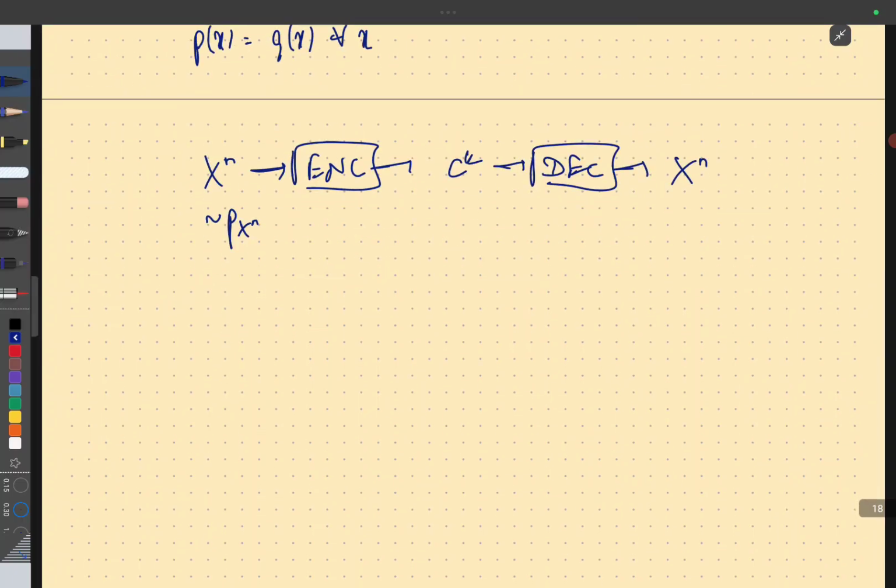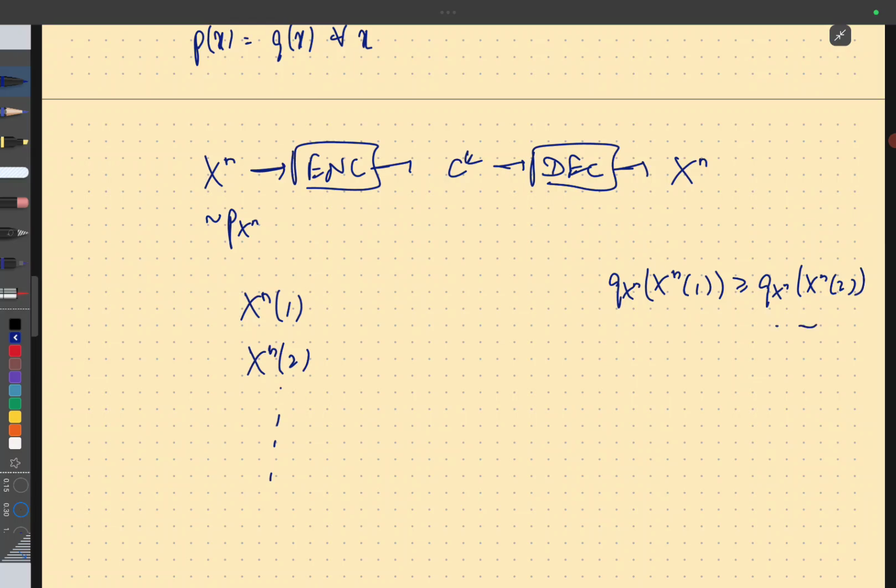All right, so I'll sort them as xn of 1, xn of 2, and so on, such that Qxn of xn of 1 is greater than or equal to Qxn of xn of 2, and so on. Okay. The actual probability of xn of 1 may not be the highest. So according to Pxn, the probability of xn of 1 may or may not be greater than or equal to that of xn of 2. Okay.